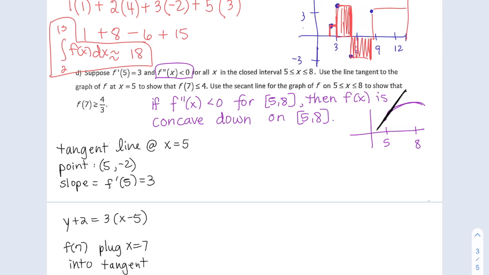So therefore we know f of 7 has to be less than or equal to 4, based on the fact that it's equal to 4 from my tangent line, and my tangent line is an overestimation.